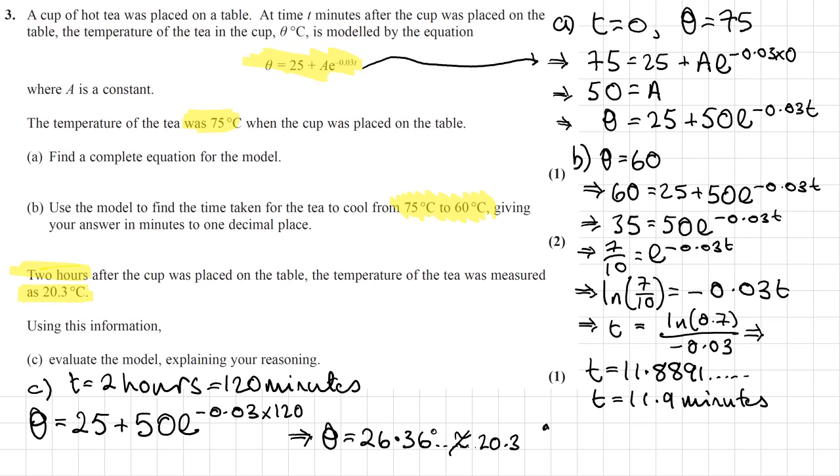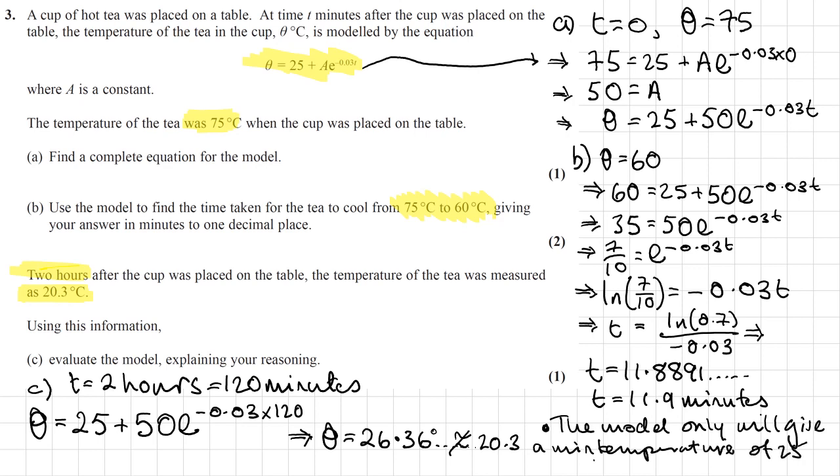Another one is that the model will only give, not very good English is it, will give a temperature, or a minimum temperature, of 25 for large values of t, or just above 25. As t gets bigger, the temperature is going to get closer to 25.